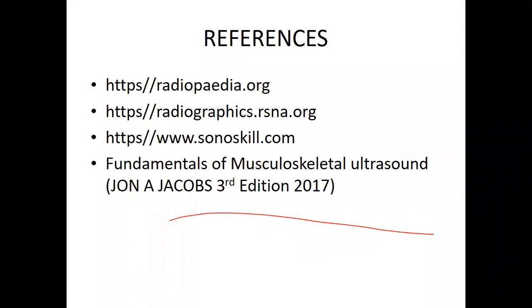The second question is on the peritendinous fluid collections, and it's the same question of nomograms as well. Are there any values that we can refer to, to say that if it's such millimeters deep it is normal and above that it's abnormal? Thank you so much.